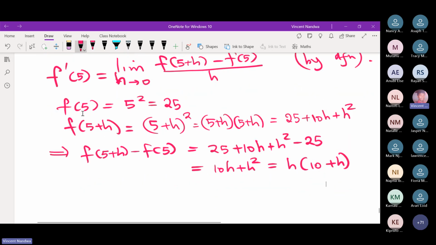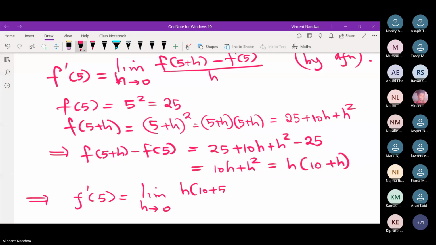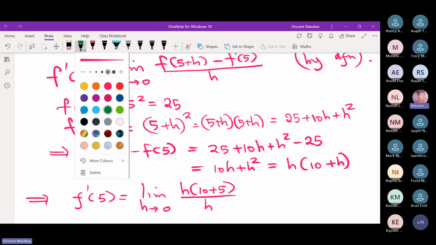So this implies that f prime at 5 is the same as the limit as h approaches 0 of h into 10 plus h divided by h, because it's the simplification of f of 5 plus h minus f of 5. By doing so, h and h cancel out.